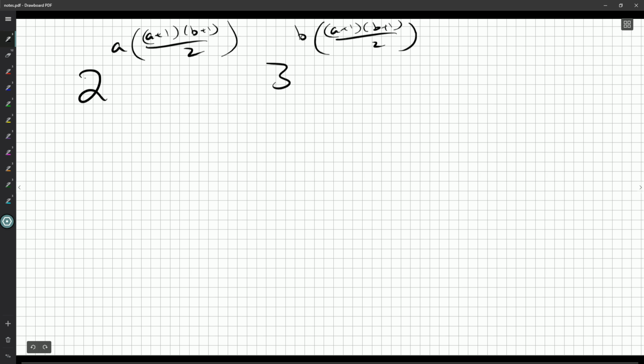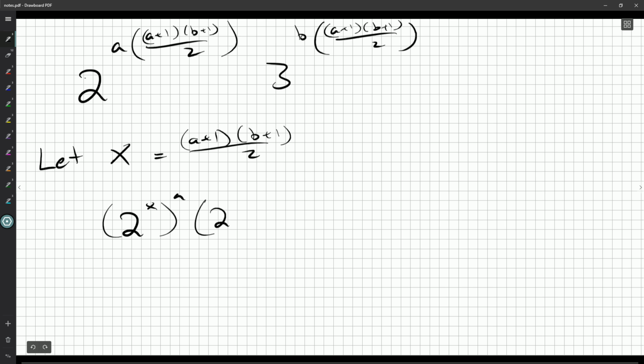Okay. So that's kind of interesting. And if I were to do something like let x for exponent be A plus 1 times B plus 1 all over 2, what we've really got is 2 to the x to the A, 3 to the x, or no, here's what we could do.